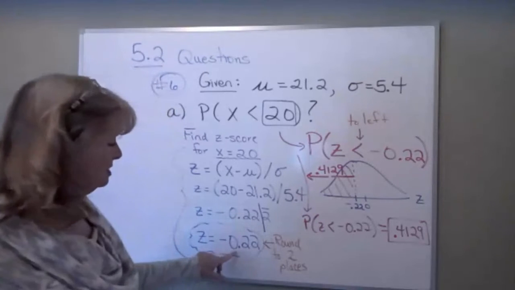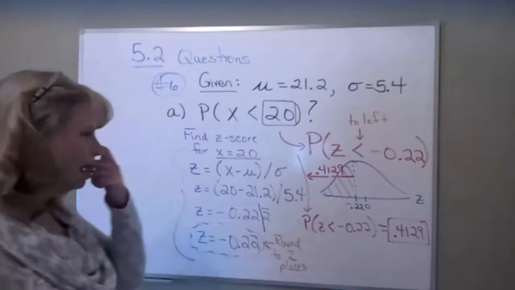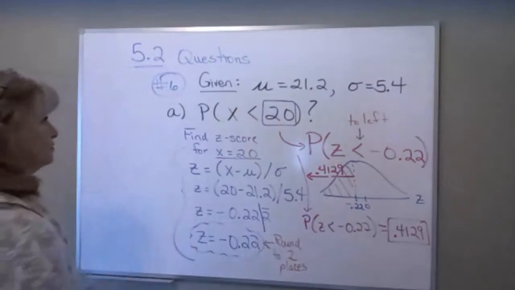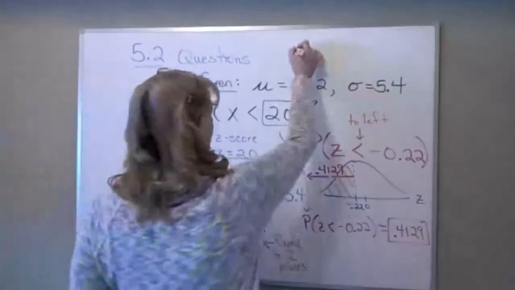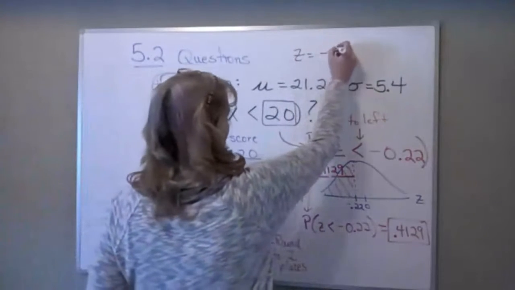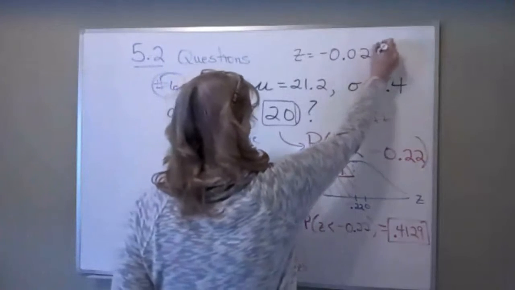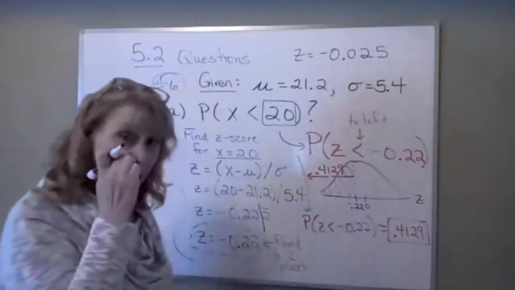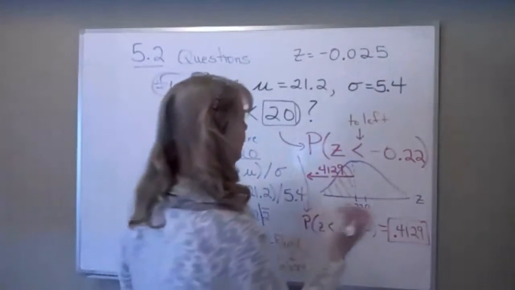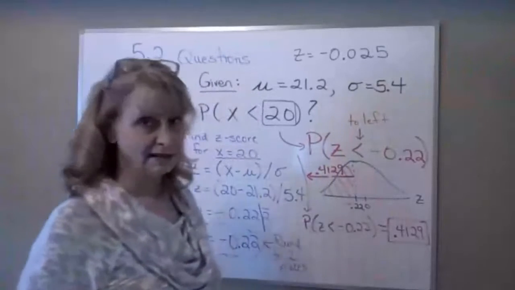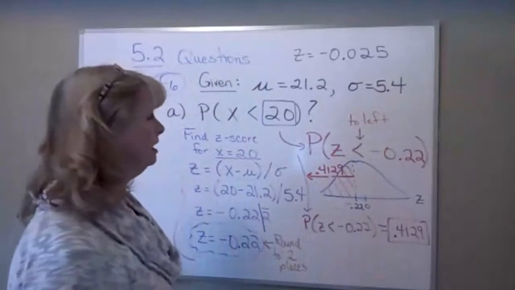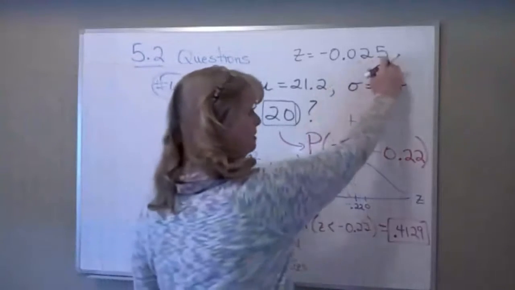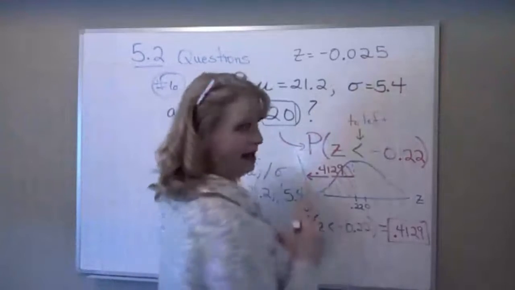Because it's easy when you see 0.2, or I've had, the one that really throws people is when the z-score is like negative 0.025 or something like that. And let's say that's what we came up with as a z-score. Well, people want to look up 2.5, but that 5 is not in the hundredths place.